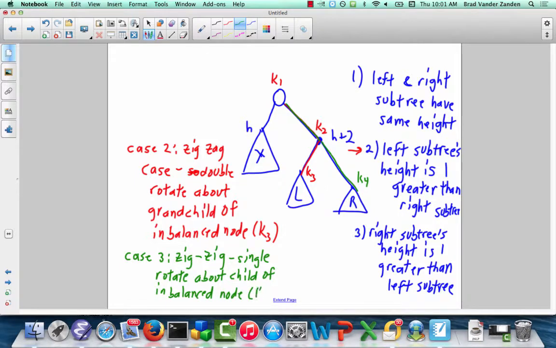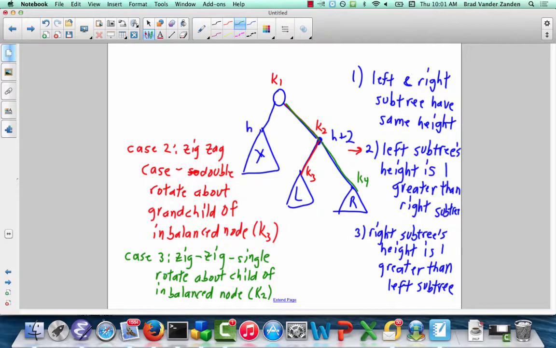So that is K2. Now, in your notes, if you come back and look at this in 2 weeks, I just realized you might think that K3 and K2 refer to the imbalanced node. The imbalanced node is K1. So you might want to note in your notes that the imbalanced node here is actually K1. What I'm talking about here is the grandchild and the child. When I say K3, that's the grandchild.